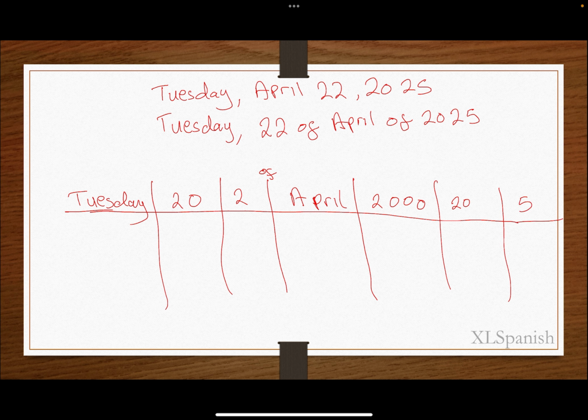Translating this, Tuesday is martes. 20 is veinte. 2 is dos.